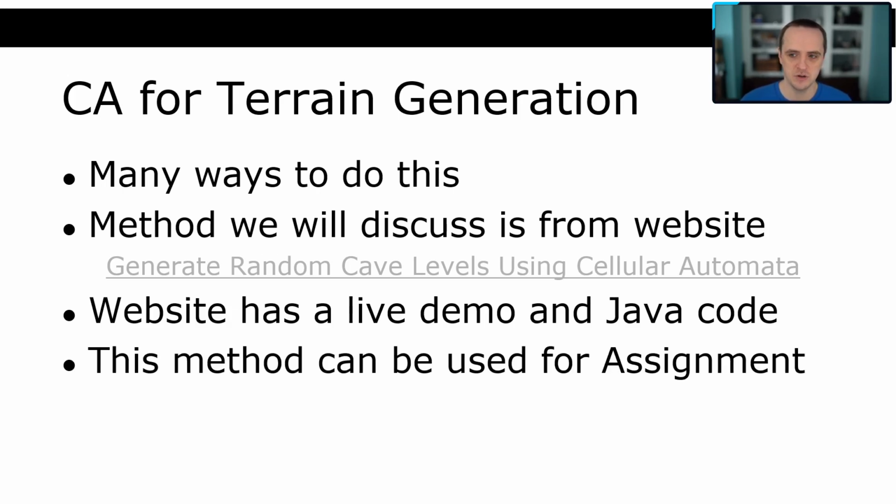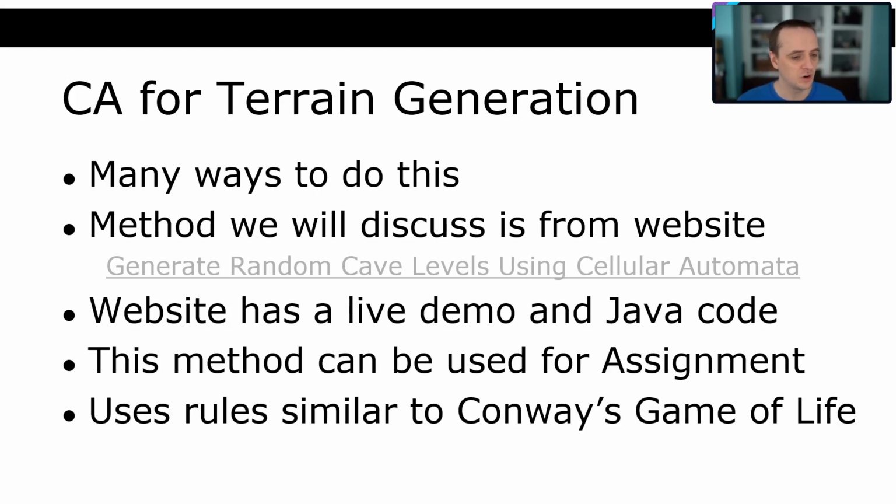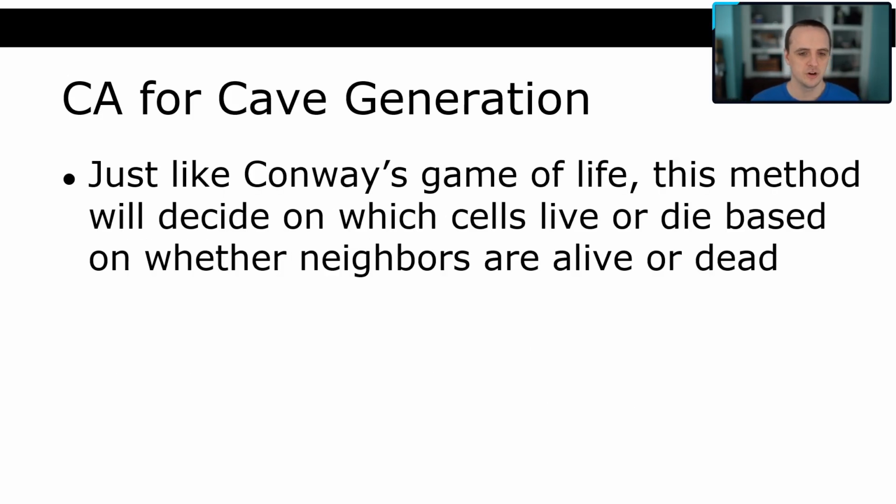This method can be used for the assignment, and the really cool thing is that it's going to use rules that are very similar to Conway's Game of Life, in that it's going to count things that are alive or dead and then produce a next iteration based on that. Just like Conway's Game of Life, this method will decide which cells live or which cells die based on which neighbors were alive or dead in the previous generation.